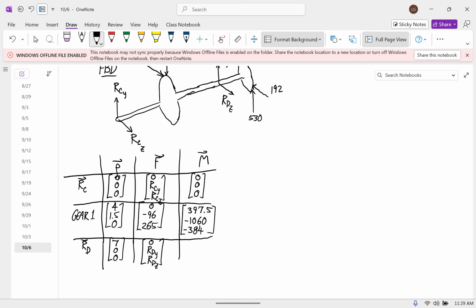Let's see, I'm going to do this by hand. So we got 0 for x. For y, we have negative 7 RDZ. For z, we have positive 7 RDY.